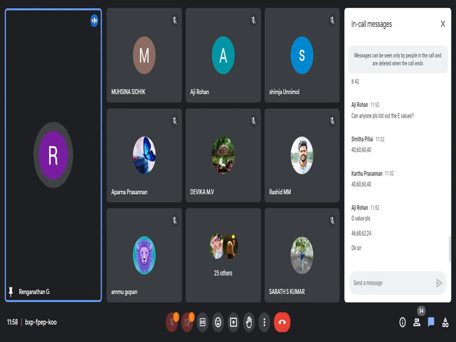That means arriving at a clearer conclusion. That is what we do with the ANOVA table. ANOVA, A-N-O-V-A, means analysis of variance. That's the full form of ANOVA.